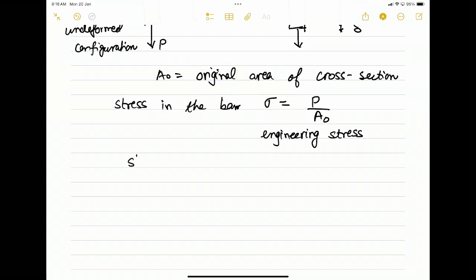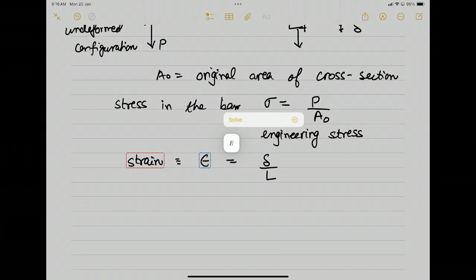And then we define strain. We use the symbol epsilon. And strain is defined as delta upon L, where again L is the undeformed length.